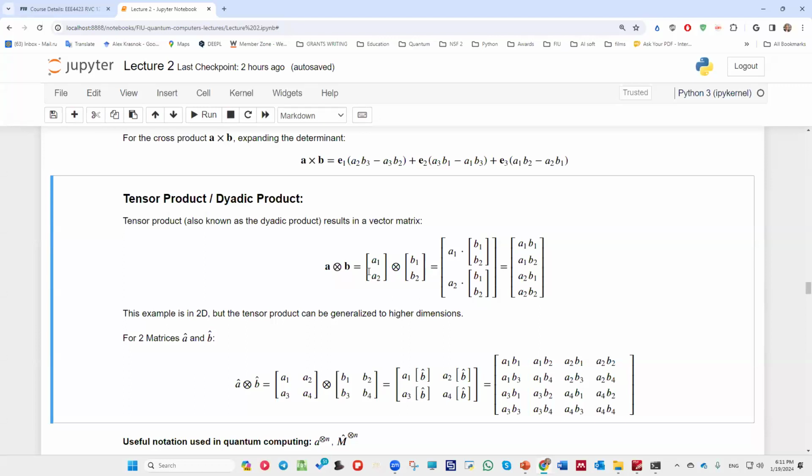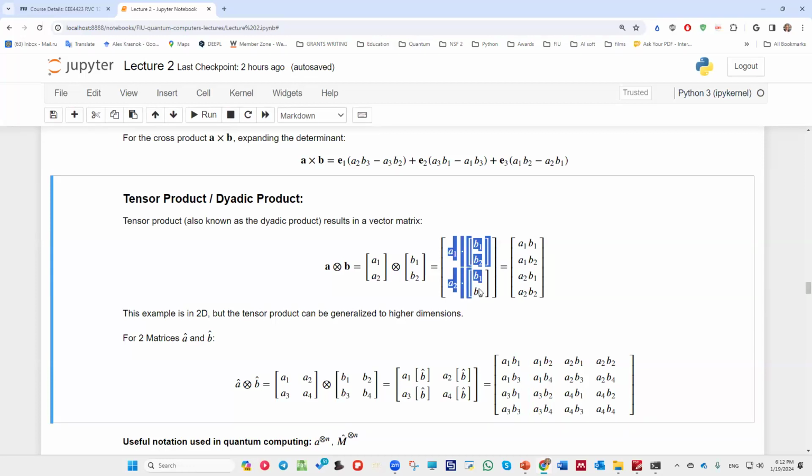And essentially, what you do is very simple. You have this first vector, then you take the tensor product and the second vector, A tensor B. And what you do, you simply multiply each component of the first vector by the entire second vector. Like here, I take the first component of the first vector and multiply by this entire vector B here.